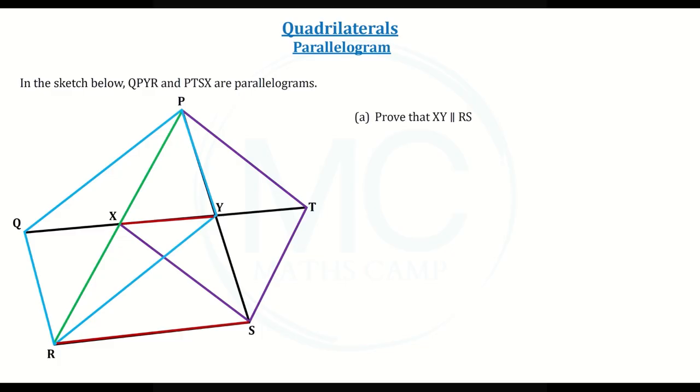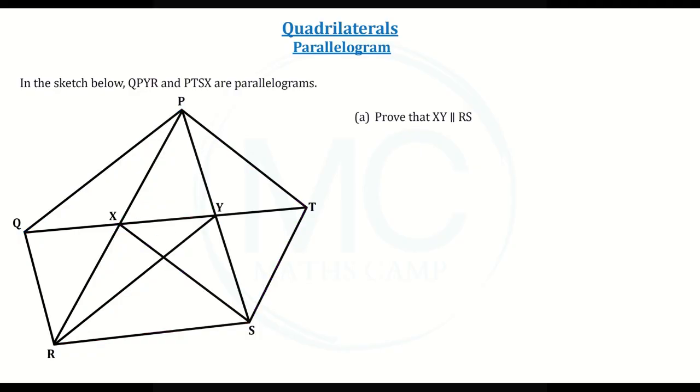Y sits on PS, so let's make this side green. Now we have triangle PRS. According to the midpoint theorem, in order to prove that XY is parallel to RS, we first need to prove that X is the midpoint of PR and Y is the midpoint of PS. So let's make our whole diagram black again.